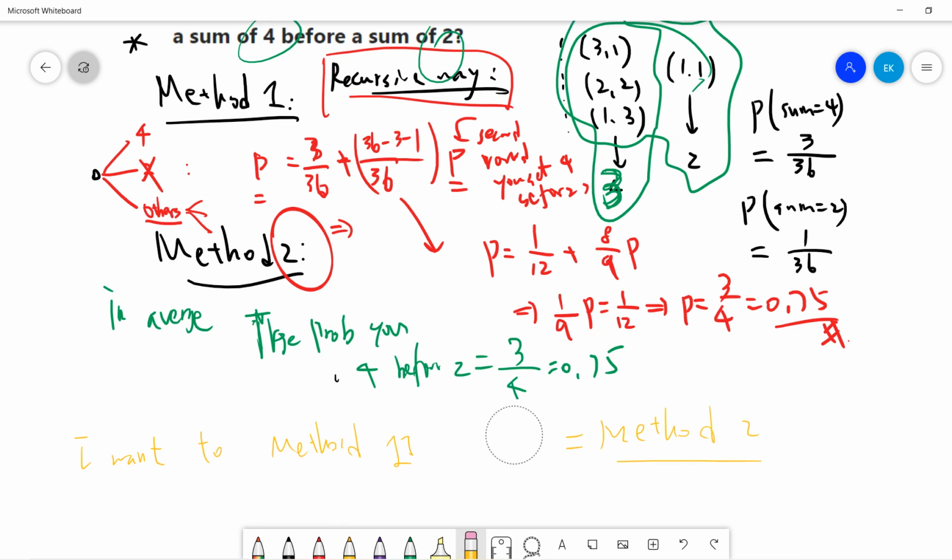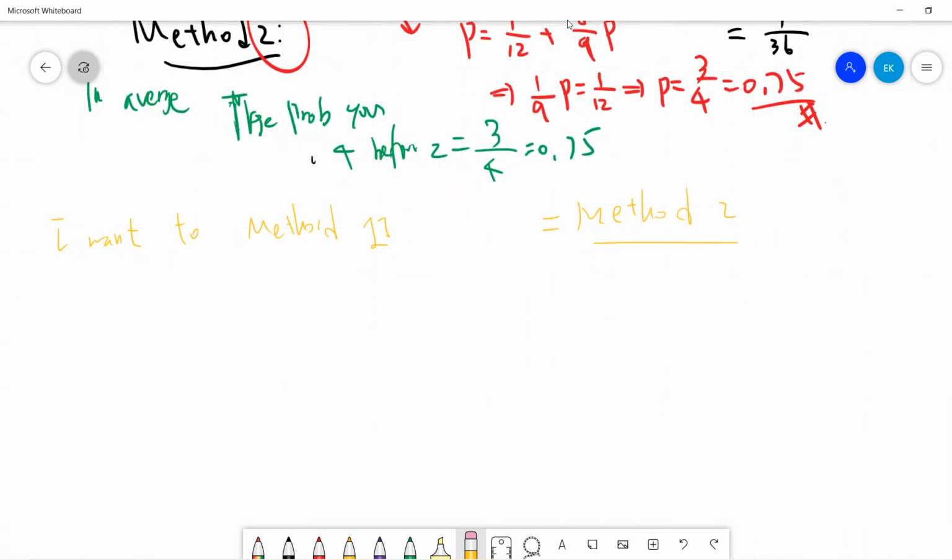This is a very naive proof. Suppose you have some results where the probability that X equals a is PA, and the probability that X equals b is PB, and a and b are independent. What's the probability that I get A before B?